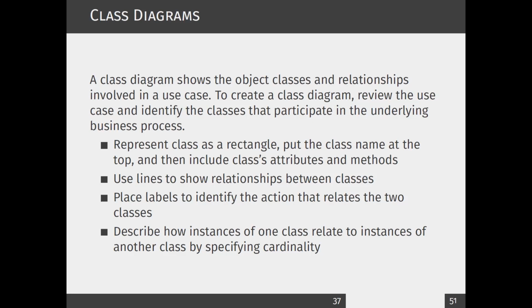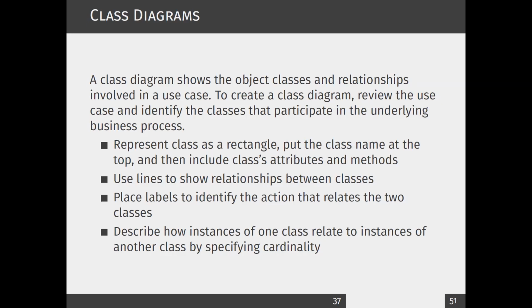To create the class diagram, we use the use case that we have developed, and then we need to identify what classes are needed to represent any process. For the classes we have a rectangle, usually with a name at the top, and we are going to include two things, a set of attributes as well as the methods. And then we normally connect all these classes with lines. Basically, lines represent your relationship.